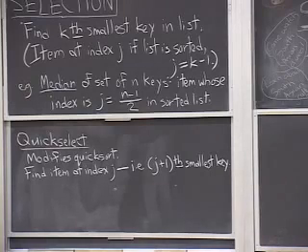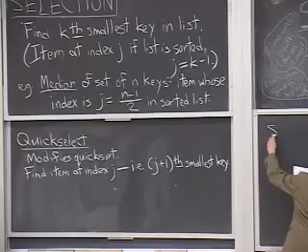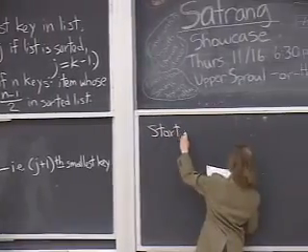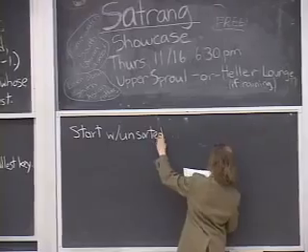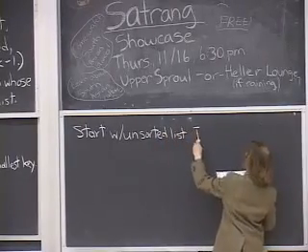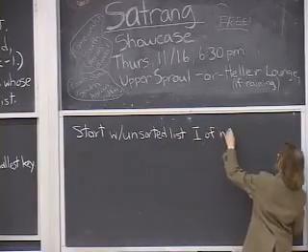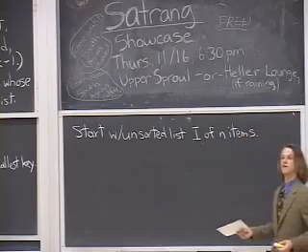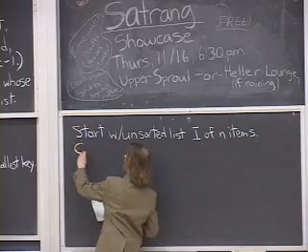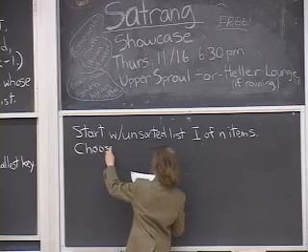It works like this. It starts off exactly the same as quicksort, really. So we start with an unsorted list, I of n input items. We choose a pivot, as usual, using the same strategies we did for quicksort.